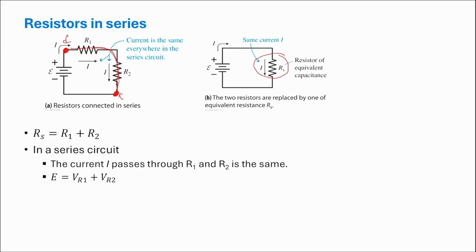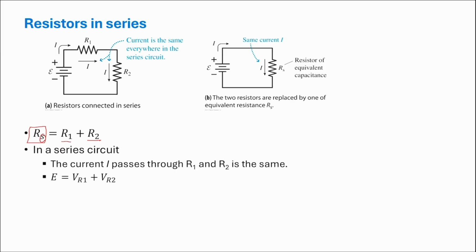It means, can we replace these 2 resistors by 1 resistor? The answer is yes. The value of this equivalent resistor, R_S, where S stands for series, is found by just adding the 2 resistors. It means R1 plus R2.